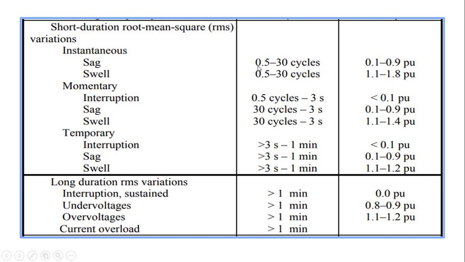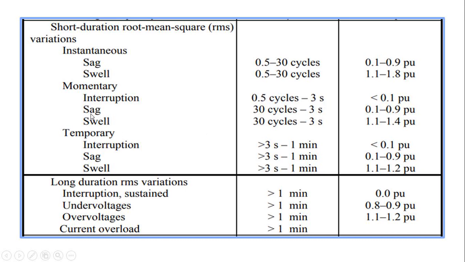If your sag is only for 0.5 to 30 cycles, then it comes under the category of instantaneous sag and swell. Momentary interruption comes when 0.5 cycles to 3 seconds.